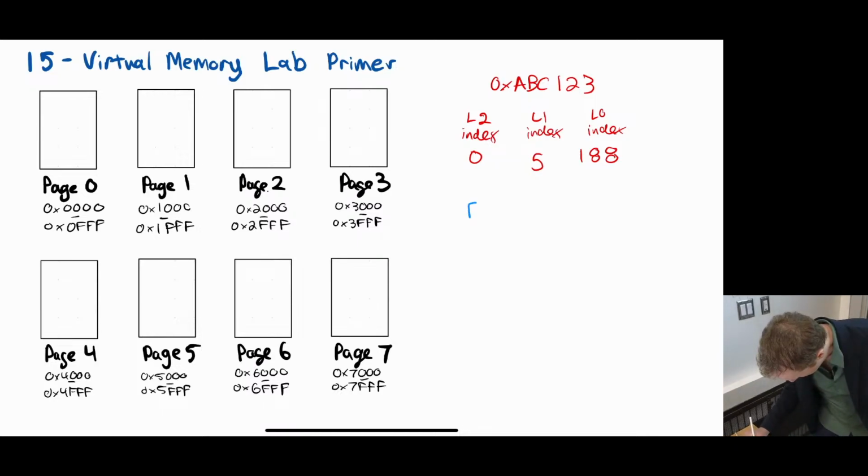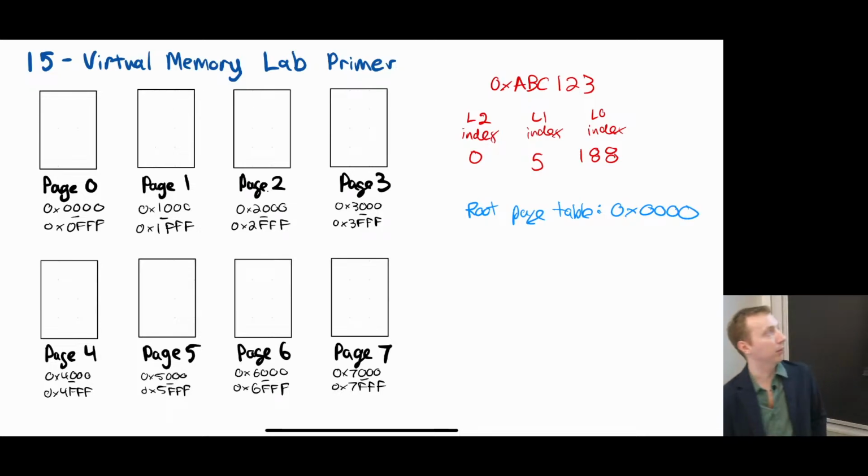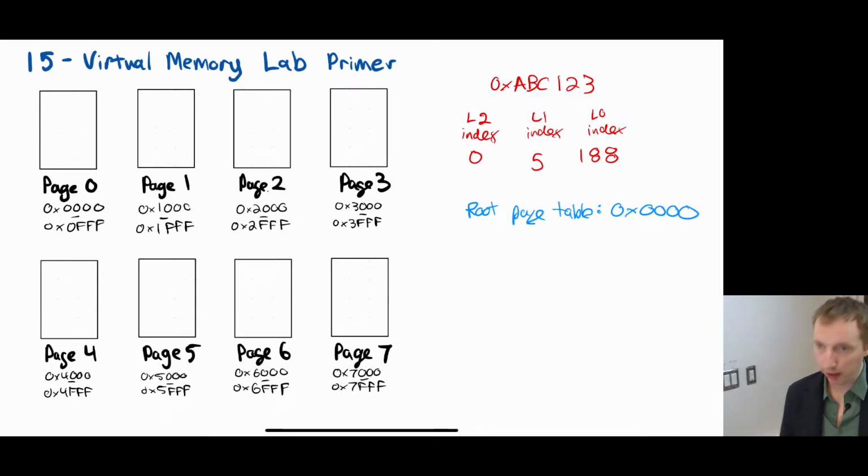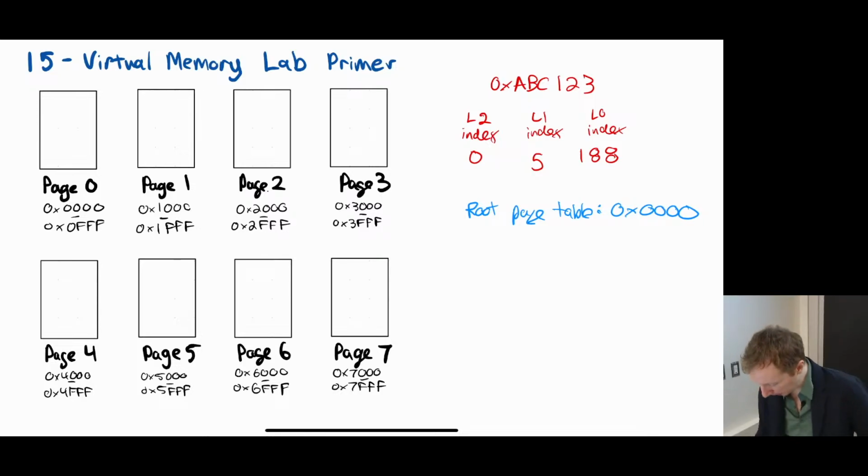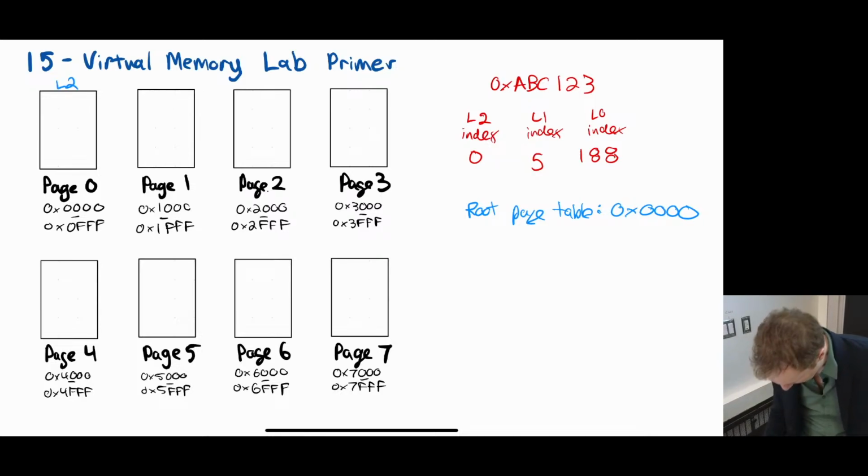So I could say root. My root page table would be using a whole address. It would just be 0, 0, 0, 0, 0. And then I'm going to use that as my L2 page table now.